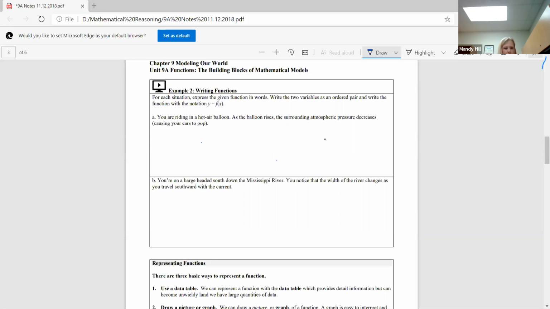Okay, so the pressure depends on your altitude. So we say that the pressure changes with respect to altitude.